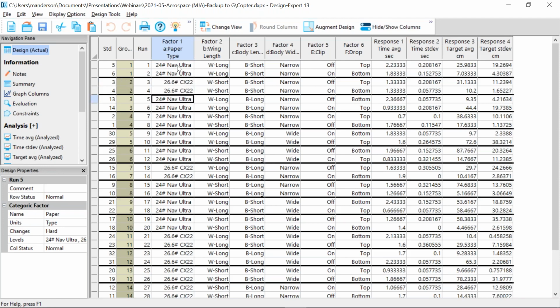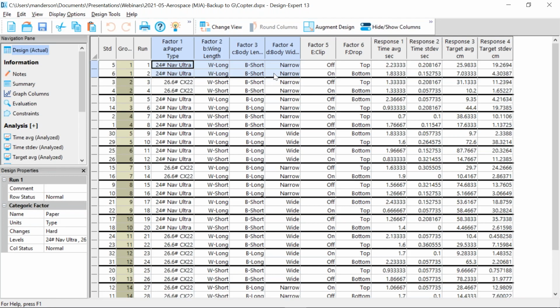But every time you see a black line, that's a little grouping. And so each one of these groupings includes one design of the helicopter. See that? So in the first group, we've got the Nav Ultra with a long wing, short body, and narrow body width.